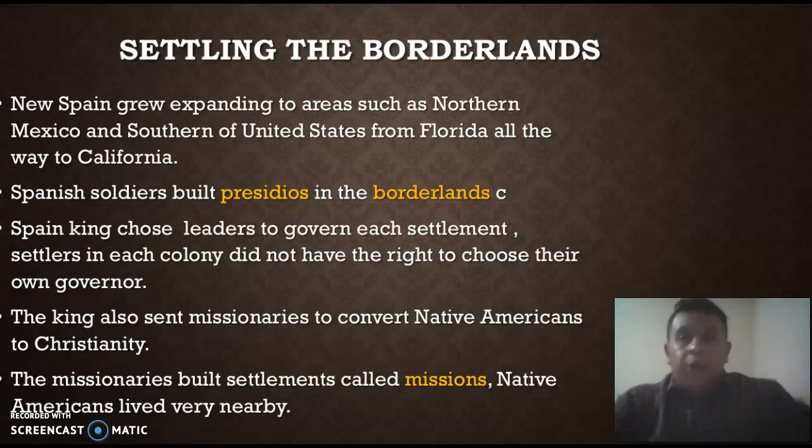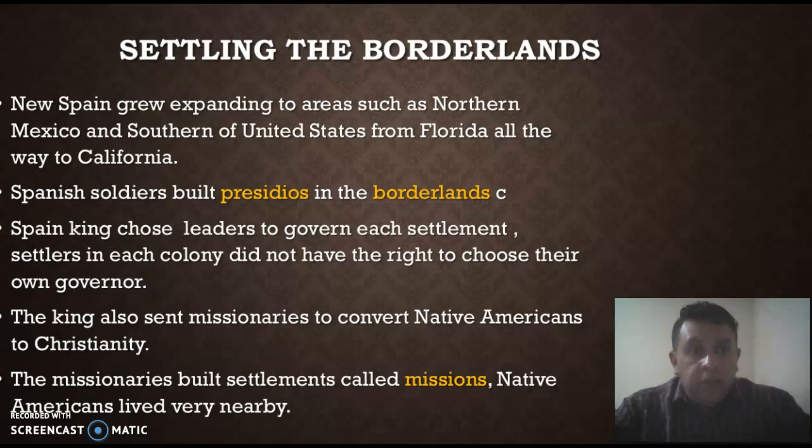Okay, we have to go into this part, settling the new borderlands. Now, New Spain grew, expanding the area into Mexico, and also the southern United States, with Florida and California. Now, the Spanish soldiers built presidios in the borderlands. That's important to know.